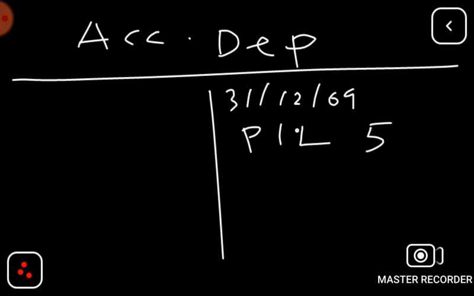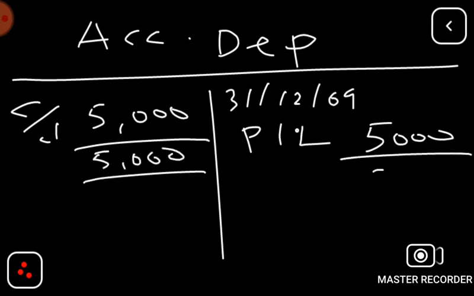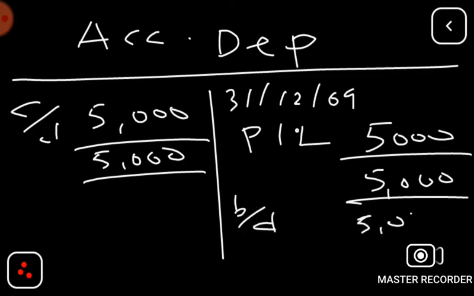It was 5,000. So what do you have to do? Your carried down is still 5,000 here, 5,000, and here it's still 5,000. But remember, we didn't sell it off in 2009, so the balance brought down still remains 5,000.